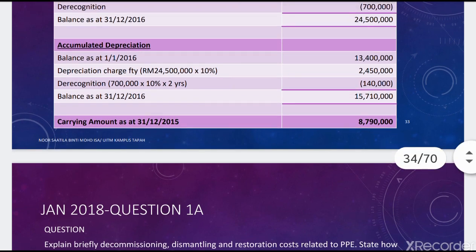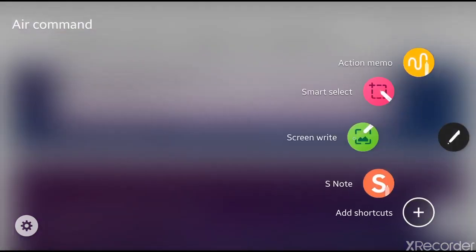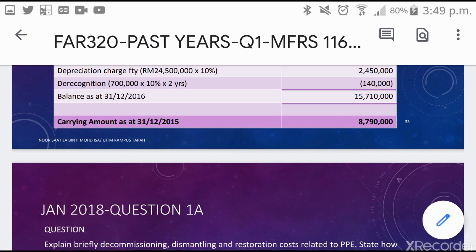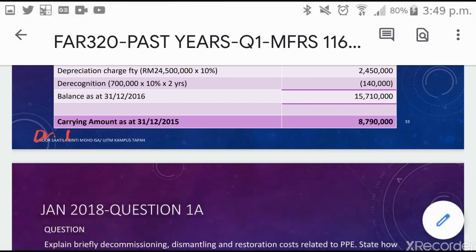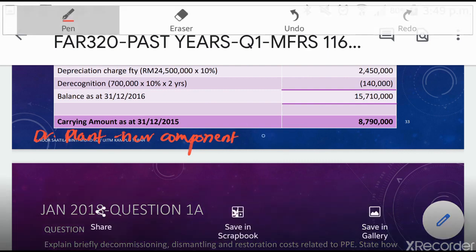Okay. I am going to give some bonus answer now. This bonus answer is for the journal entry. For those that may not be able to do it straight away like this, you can also do the journal. So remember, we purchased the new component. The new component that you purchase will increase your asset.